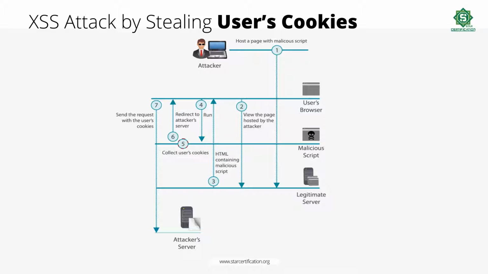The user's cookie information, such as saved passwords, frequently visited sites, etc., is collected. This is redirected to the attacker. The attacker then sends requests with the user's cookie by impersonating the user, and the legitimate server serves the request sent by the attacker.